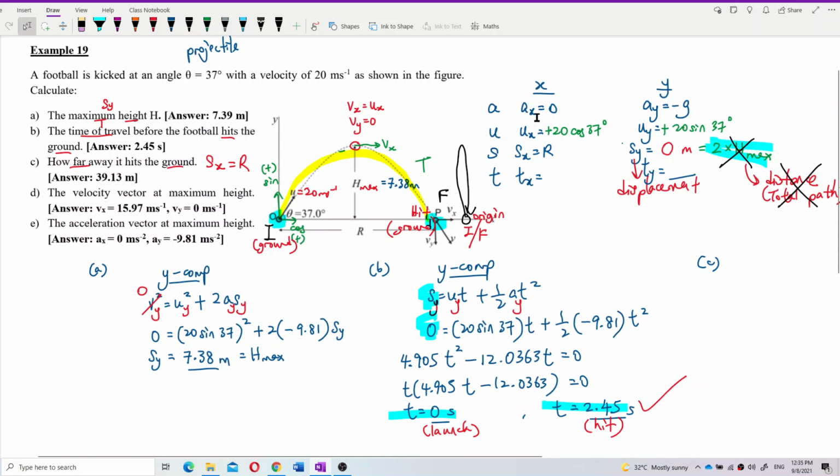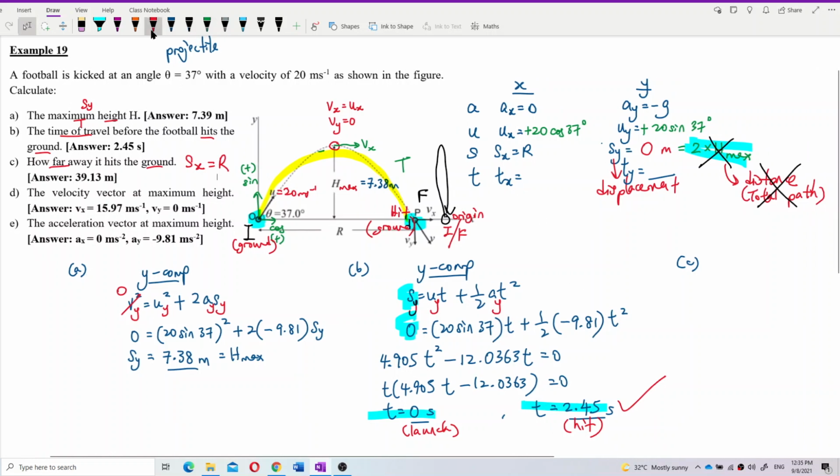We can maintain the same condition: Sy equal to 0, the vertical displacement at the ground, and the time we got just now, 2.45 seconds. Just substitute 2.45 seconds.